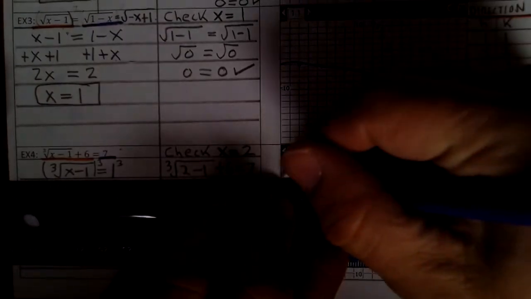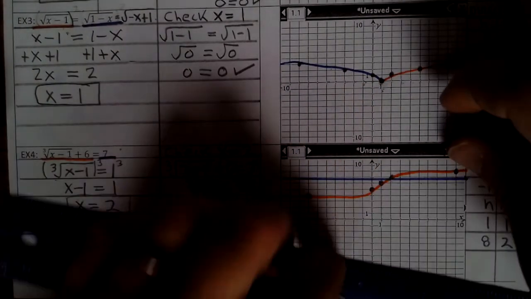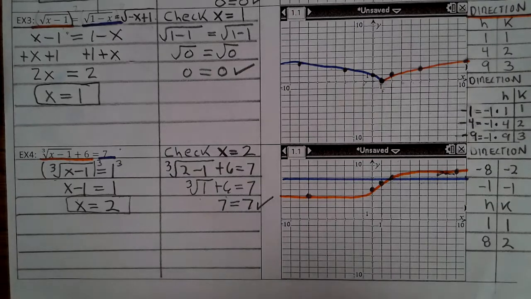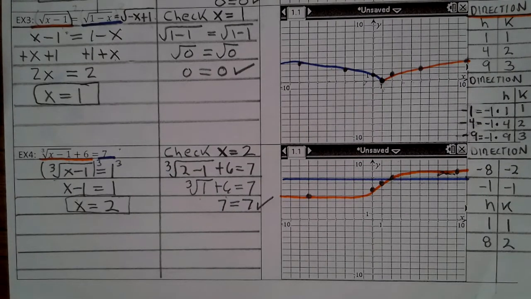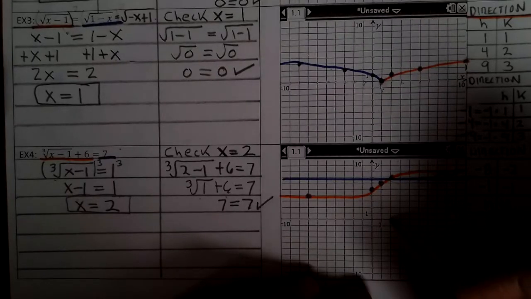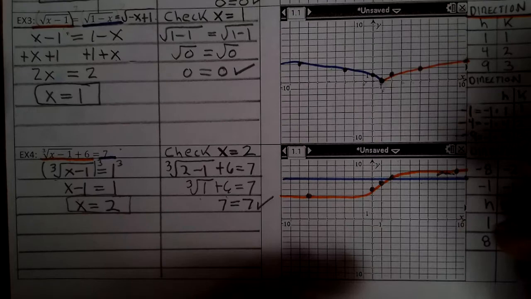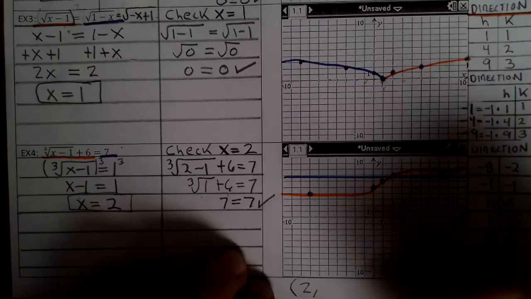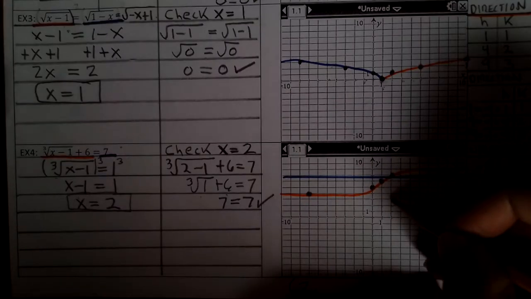So the point is 2 comma 1, 2, 3, 4, 5, 6, 7. So 2 comma 7. But the solution is the x value, so x equals 2. All right. So if you would finish example 4.